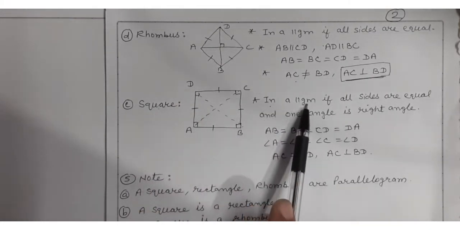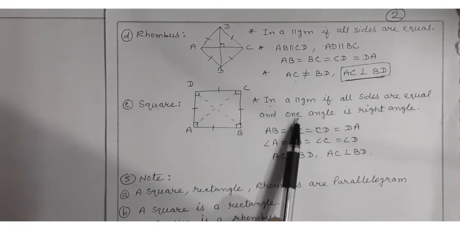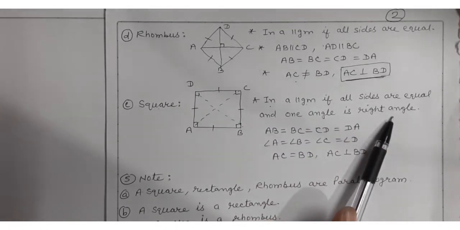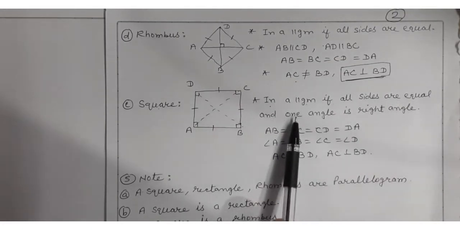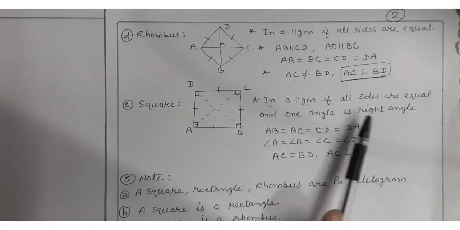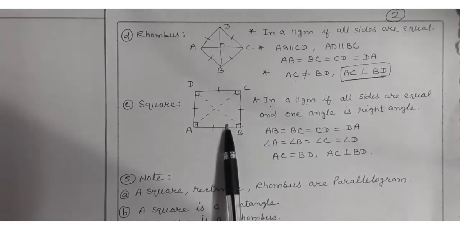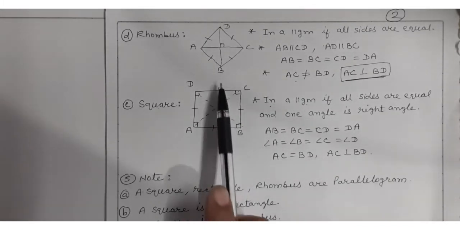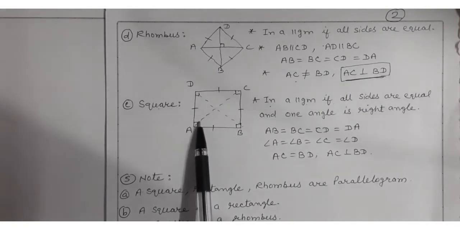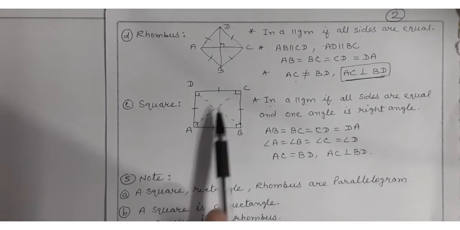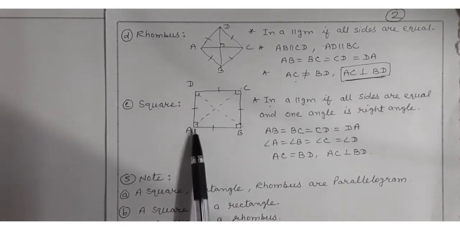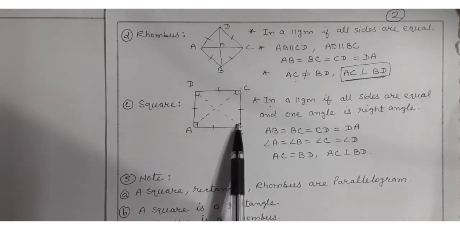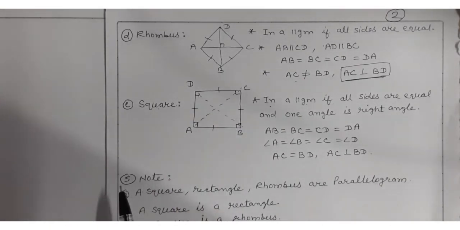Now the next one is the square. In a parallelogram, if all sides are equal and one angle is a right angle, then we can say that it is a square. In a square all sides are equal. If one angle is 90 degrees, then in a parallelogram we know angle A will be equal to angle C. By co-interior angles I can get angle B is 90, and then angle D should be 90.